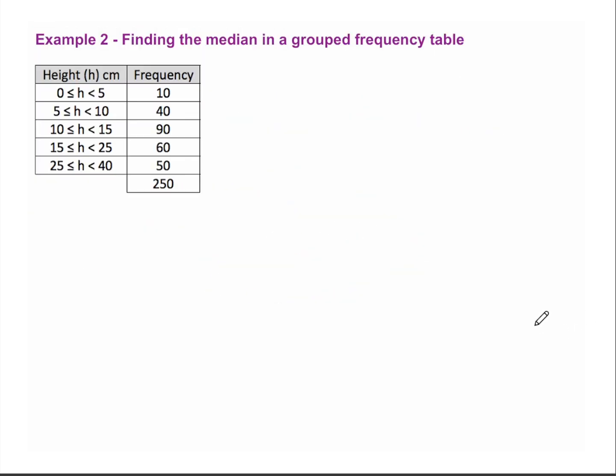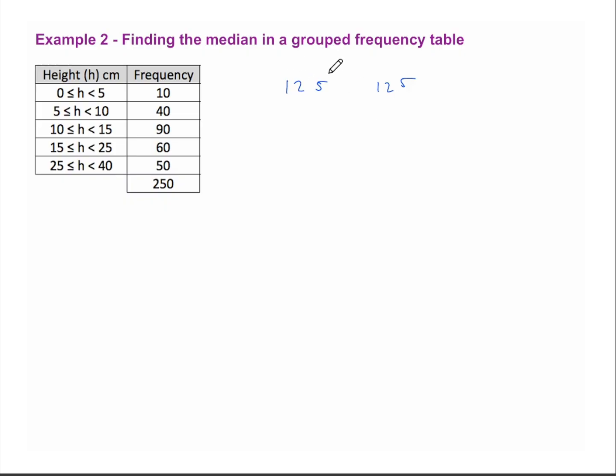Next, we're told to find the median in a grouped frequency table. In a grouped frequency table, we usually get the median group, just like we had the modal class. It works the same way: because we have 250 data points, we can split them into 125 on the lower end and 125 on the upper end.